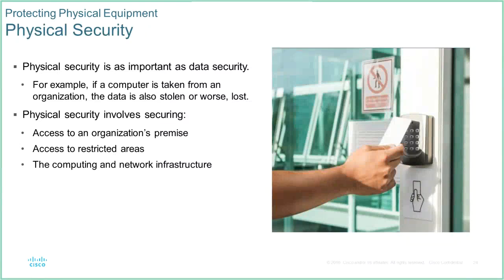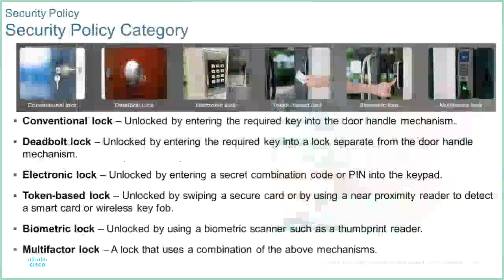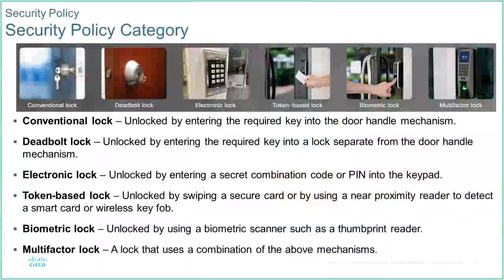In larger organizations, they have a lot of CCTV. So types of locks, you've got your conventional deadbolts, your electronic locks, tokens, or biometrics, or a combo of any and all of those things to give you locking. Now, none of these are really fail-safe.